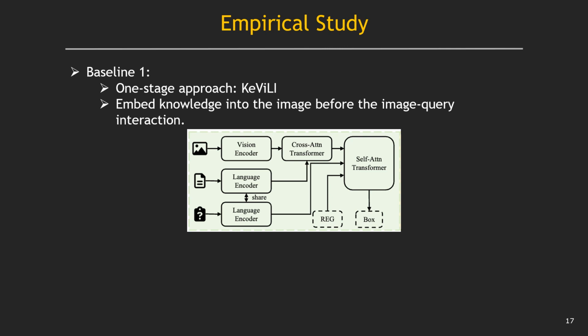The first one is a one-stage approach, Knowledge-Embedded Vision-Language Interaction, KVLI. In this approach, we embed knowledge into the image before the image-query interaction. Given the image and the knowledge, we encode them into features and then embed the knowledge features into the image features using cross-attention.